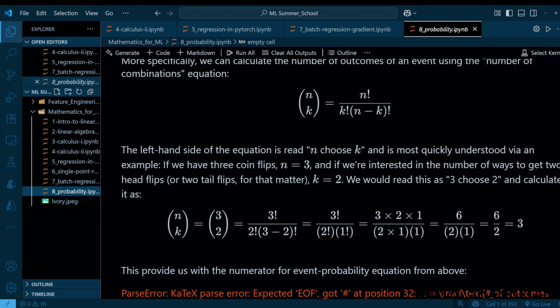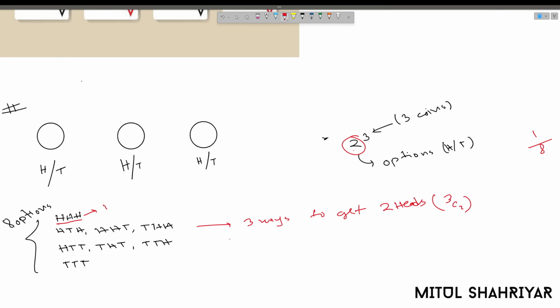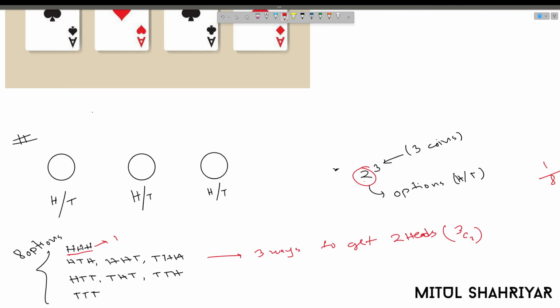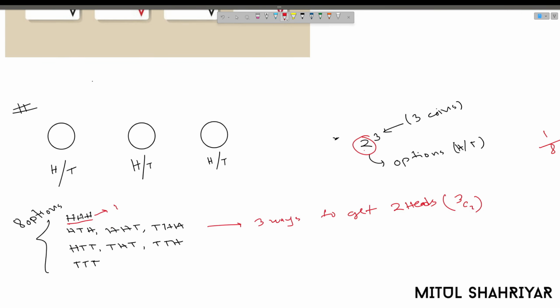Let's look here. You can see 2 heads, 1 2 1 2 1. So we have these 2 heads in 3 ways. This is what has been asked: the number of ways we can have only 2 heads.